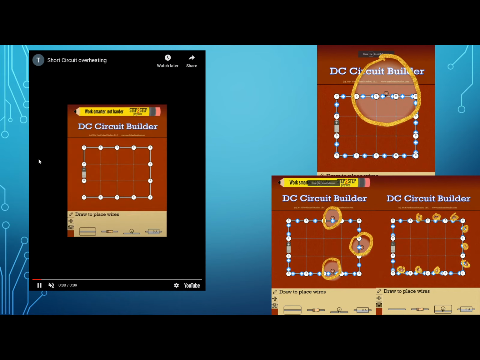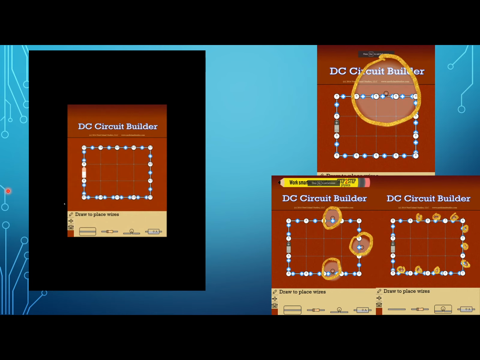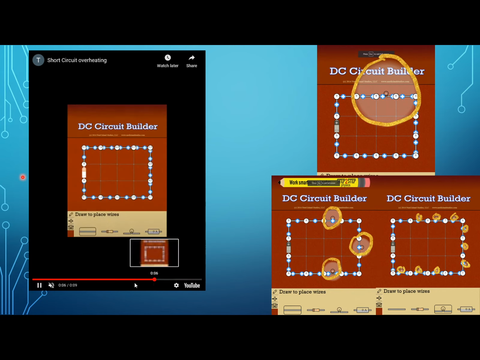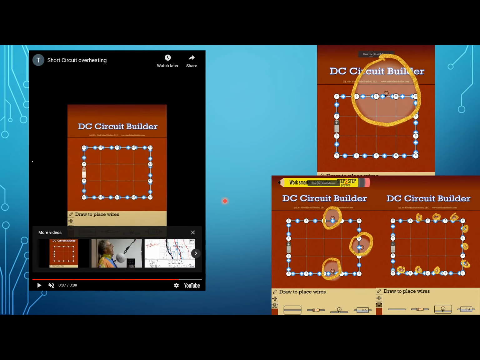If you look at the battery on the left, as I complete the circuit, it's going to start flashing red, and those electrons are going to go through very, very fast. This is called short circuiting. That's a short circuit to the wire. And if we were in the classroom, I would show you some wires that Hendrix has in his room. He's done it before and I've done it before.